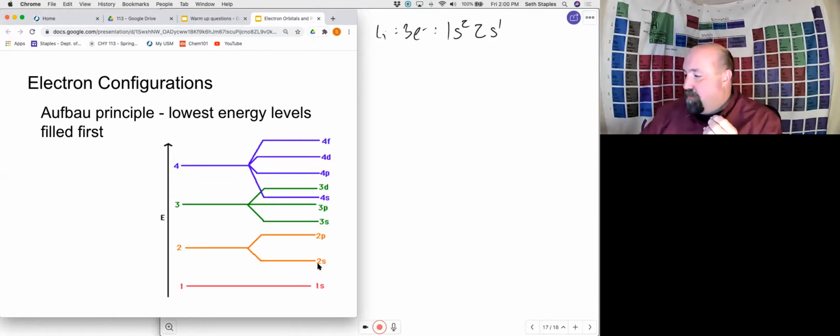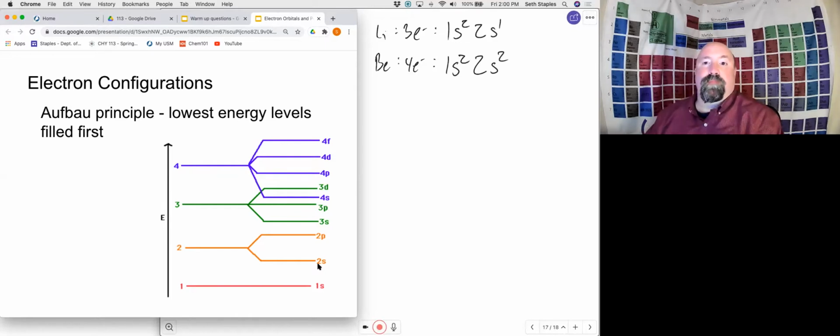Okay, then we move on to beryllium. Well, it's 4 electrons. Same idea. We're going to start first with our first Bohr shell, our s sublevel, 2 electrons there. We'll move on to our second Bohr shell, the s sublevel, 2 electrons there, and then we're done. Now we've placed all the electrons for beryllium. After beryllium, what do we have?